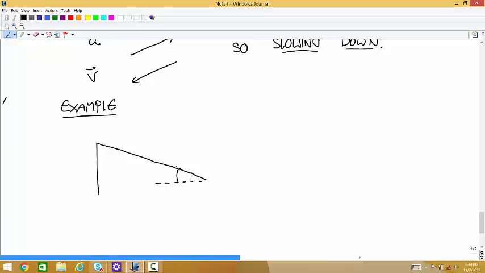So let's say this incline has an angle of 10 degrees. And there's a block on the incline that's connected by a cable to a hanging mass. Let's say this is 1 kilogram. The hanging mass is 2 kilograms.